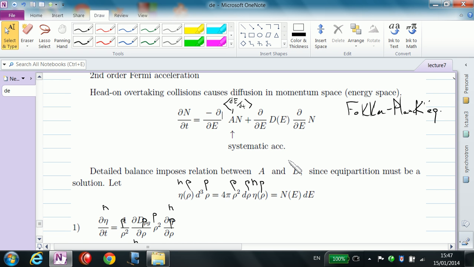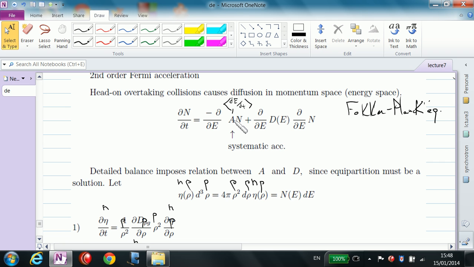The photon basically conserves energy in Thomson scattering. And if it bounces off in the direction that the electron was moving, makes a head-on collision, then it's like hitting a tennis racket. It leaves with more energy than it came in with in the lab frame. And if it overtakes it, then it leaves with less energy. So that creates a diffusion coefficient in energy space.